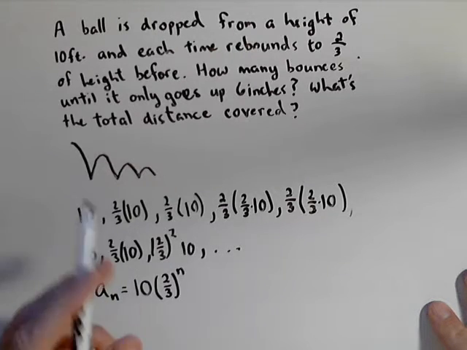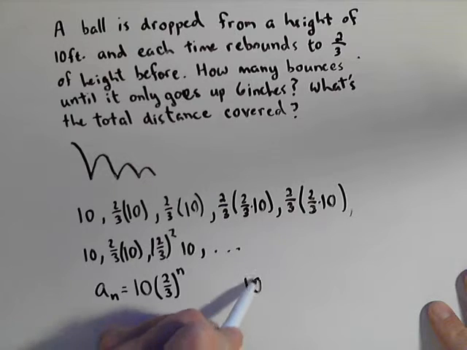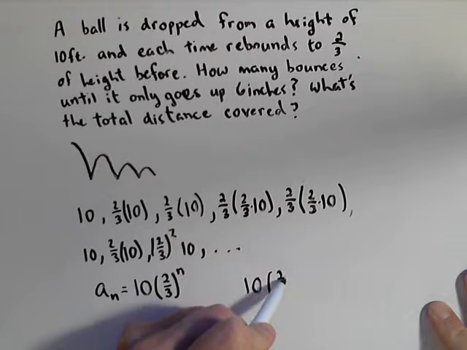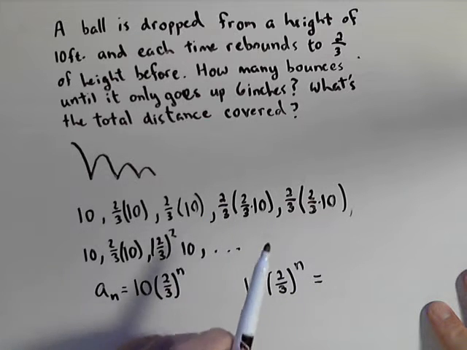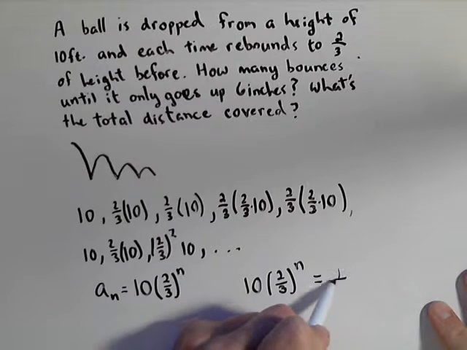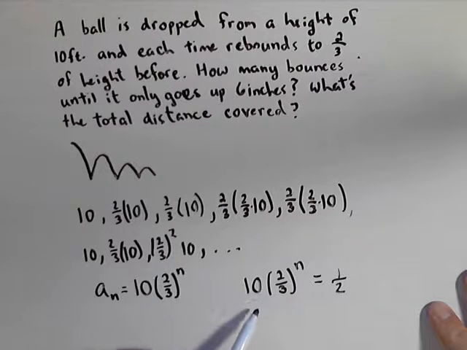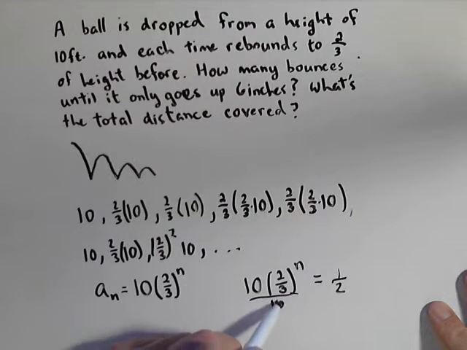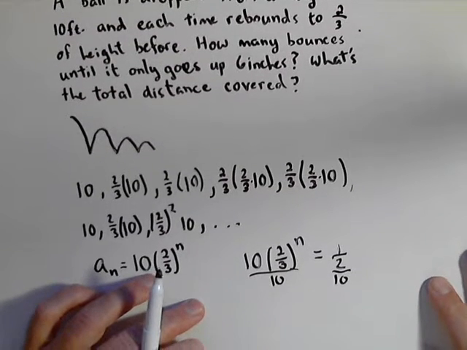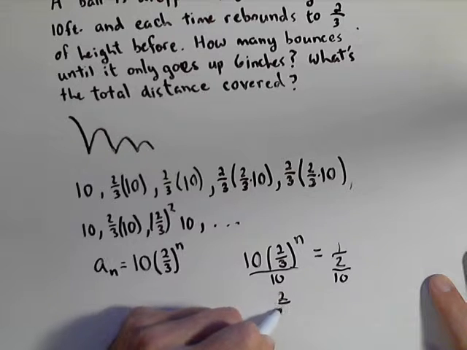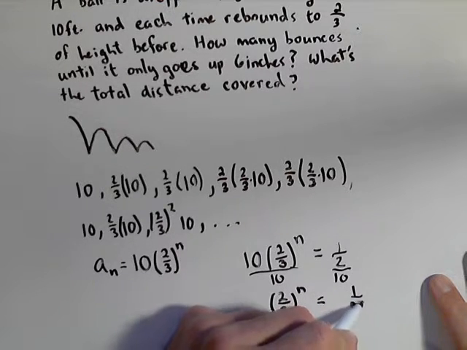We want to know when it's going to be less than 6 inches, so let's find out when it's going to be 6 inches, how many bounces. So 10 times 2/3 to the n equals, we're not going to put in 6 because we're doing this in feet, 1/2. So we're solving an exponential equation. We can divide both sides by 10, and we get 2/3 to the n equals 1/20.